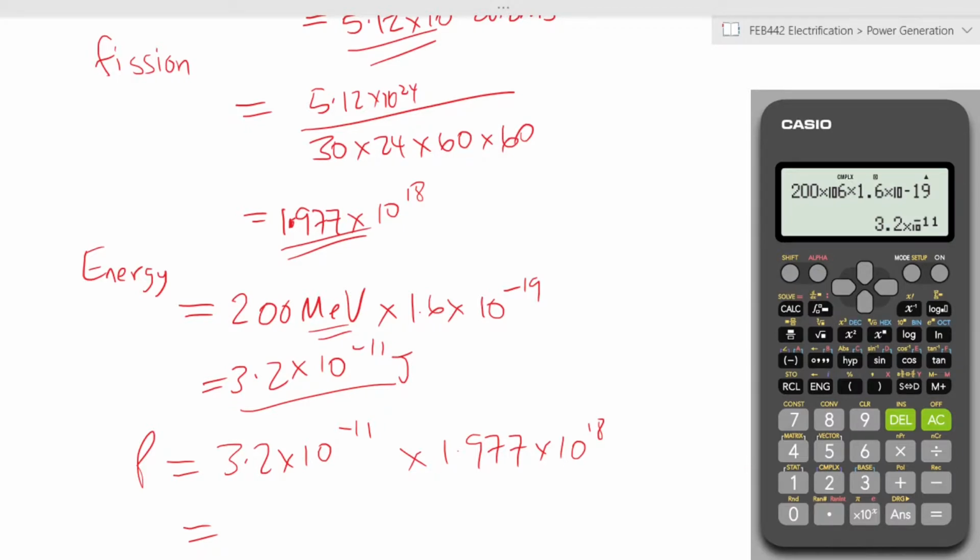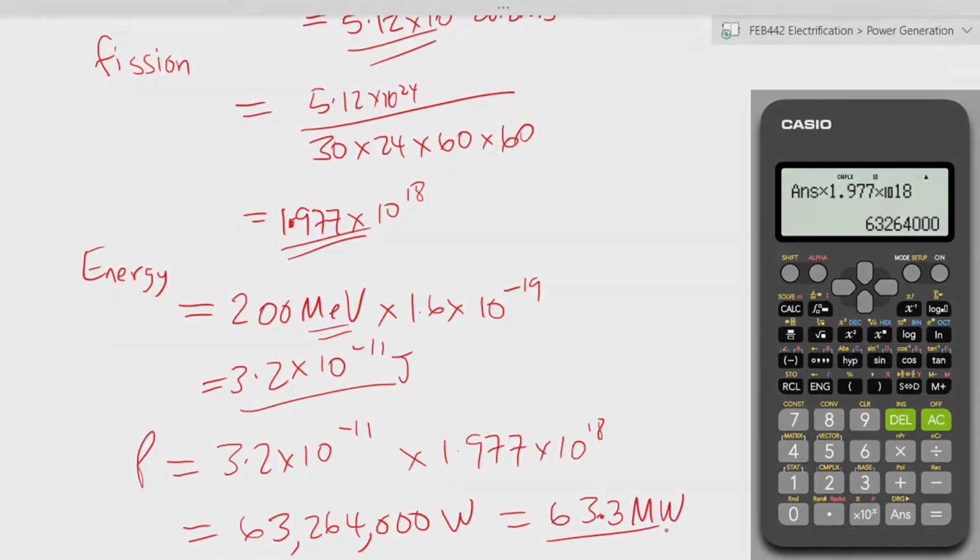So it is 3.2 times 10 to the power minus 11 times 1.977 exponential 18. This is the power that we have. That is 63,264,000 watts, which is about 63.3 megawatts.